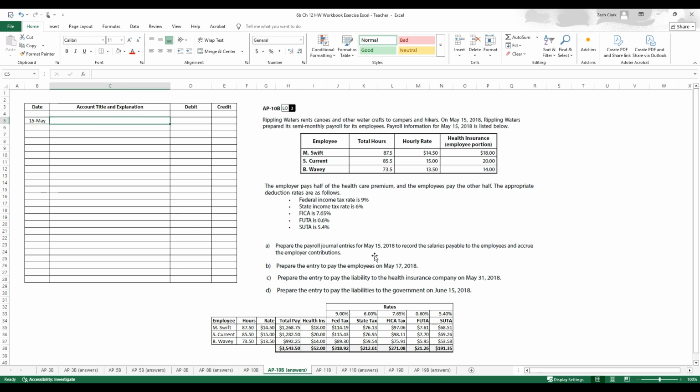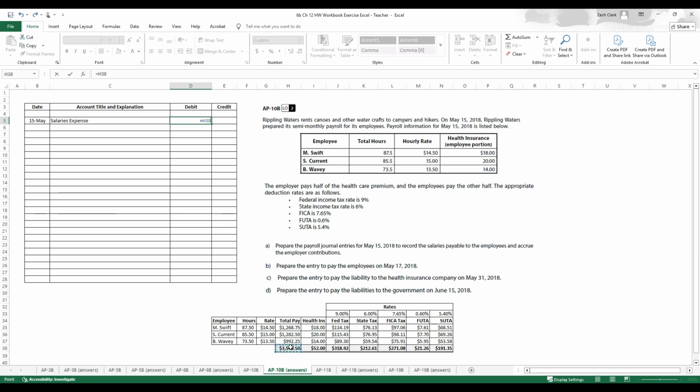Just to revisit what I said earlier, the FUTA and SUTA are employer only, not employee. The employer and the employee are both going to pay $271.08 of FICA taxes, right? So the first thing we want to put in is our overall salaries expense, because this is the amount that we owe, we're paying the employees.